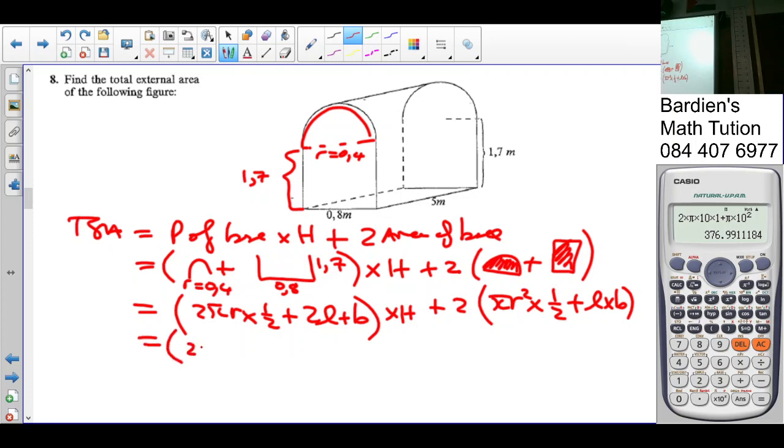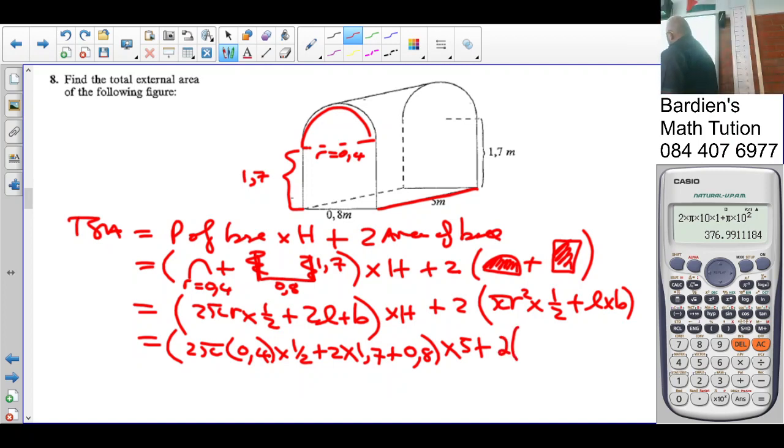So what we have is 2 pi, what's your radius? 0,4 times half, plus 2 lengths of 1.7 plus 0,8, times the depth of this object, which is 5, plus 2 pi. What's the radius? 0,4 squared times a half, plus length 1,7 times breadth 0,8.